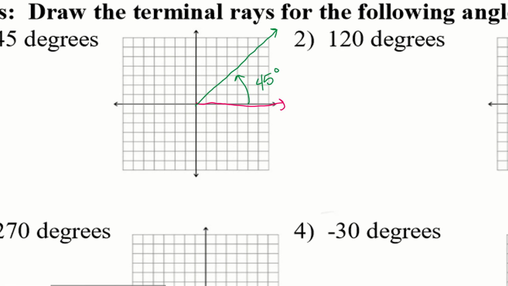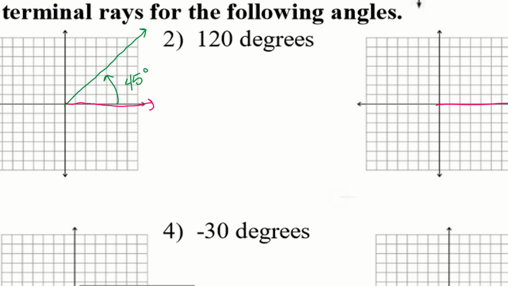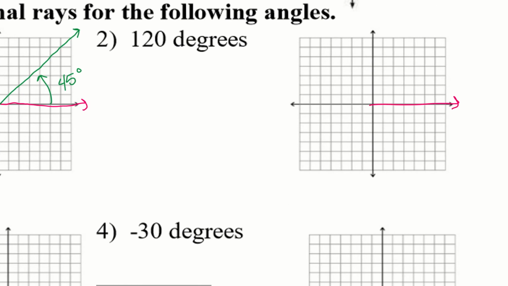Now, if we take a look at number 2, that is 120 degrees. So 120 is super close to 90, and it's also kind of close to 180. So it's somewhere between that, right? Remember, 180 is going to create this straight line. So this whole thing would be 180 degrees. And so I want 120. So I'm going to go ahead and look between 90 and 180.